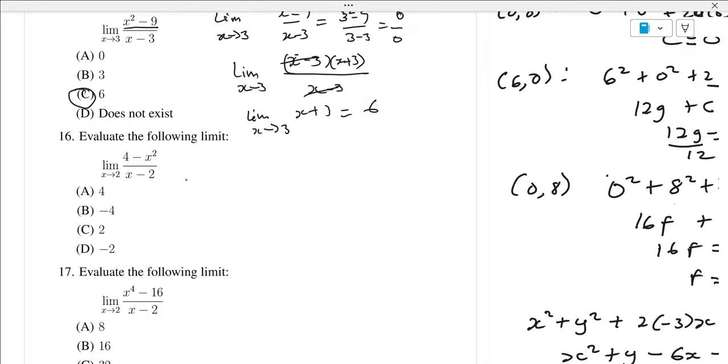Okay, so Tony, you are saying it is 4, right?